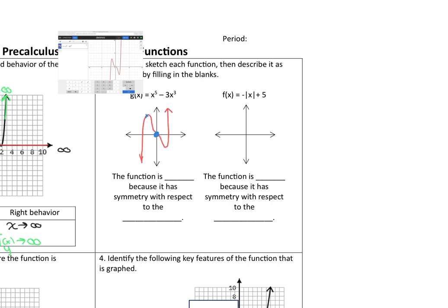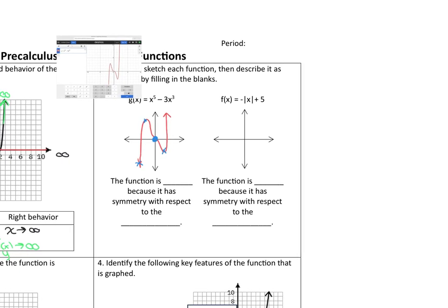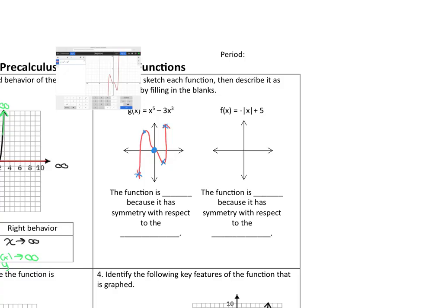This top dot right here went through the origin down here. This arrow right here went through the dot and reflected over here. So with respect to the origin, which means it's called odd. Remember, origin, odd, origin, odd.